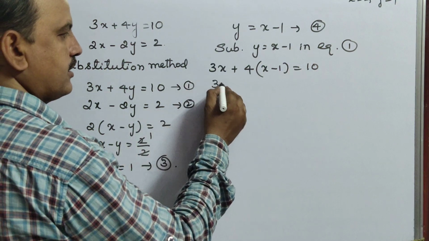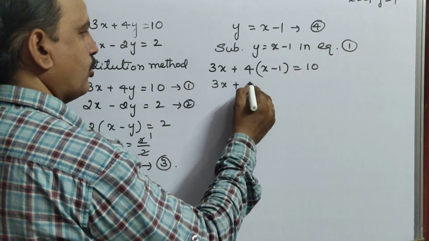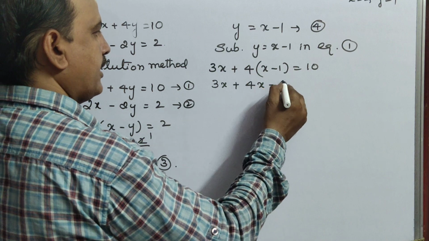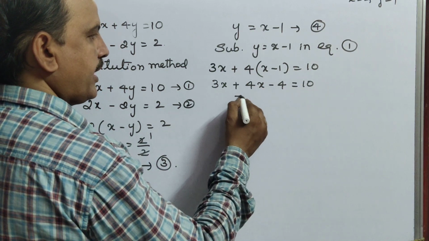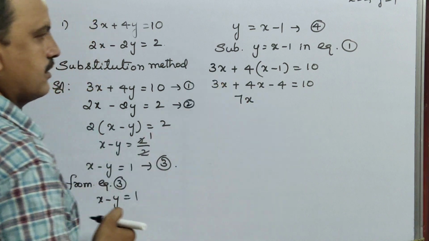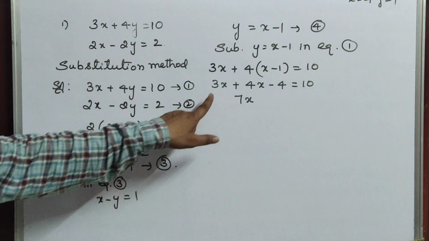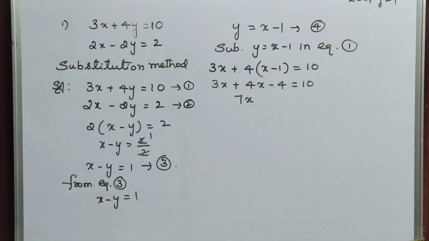So that is 3x plus 4x minus 4 equals 10. So 3x plus 4x is how much? 7x.